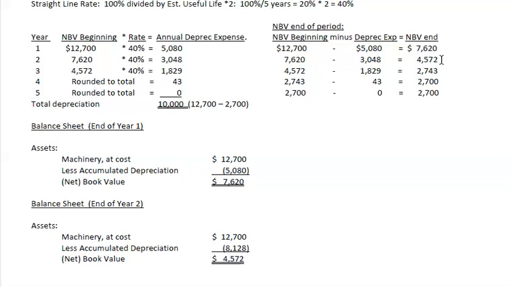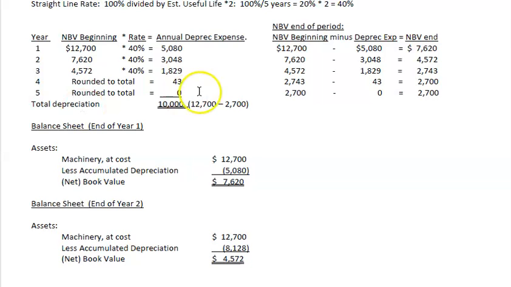What do we do in the third year? Take the book value at the end of the second year, take 40%, and we get $1,829. Here's the kicker. As we get toward the end of the life, we've taken a bite out of it. We've used these large depreciation expenses, and our depreciable basis, the total that we're going to depreciate, is only $10,000.